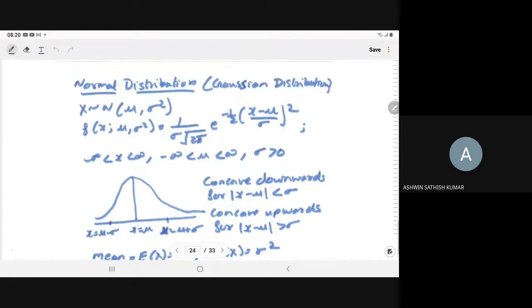Now you already know the normal variate is the most important distribution in statistics and probability theory, because in many statistical analyses we use this distribution. It is also known as the Gaussian distribution.